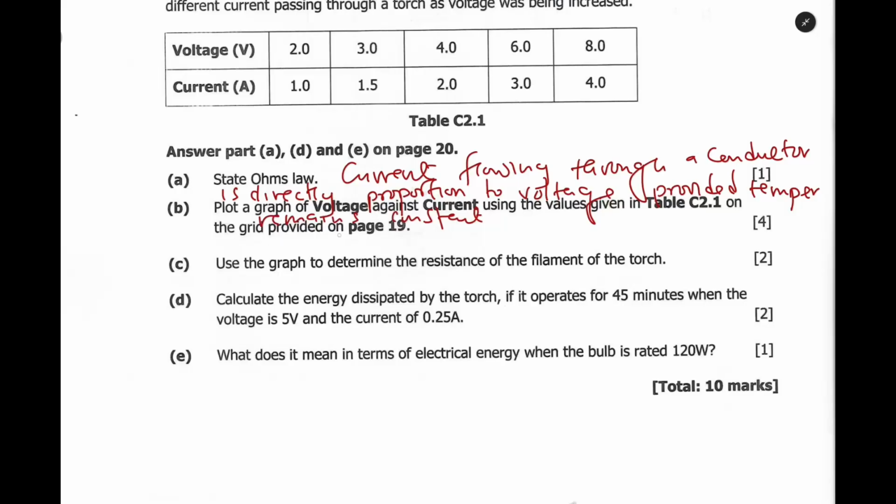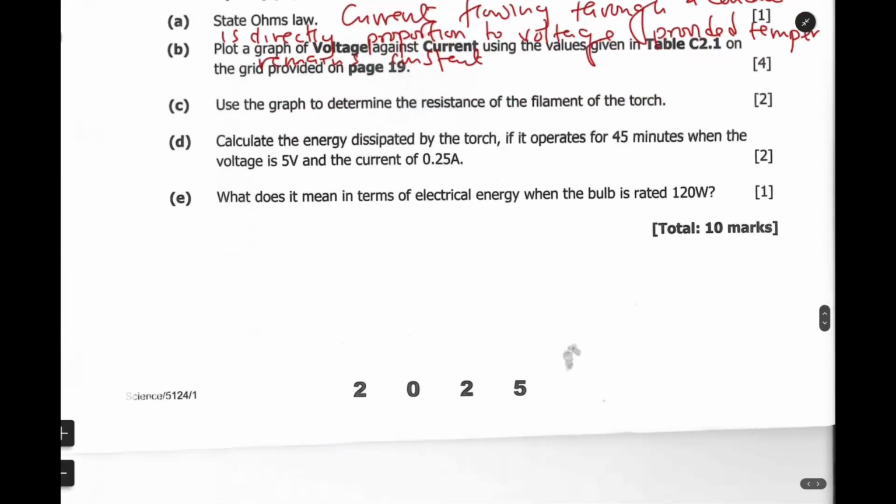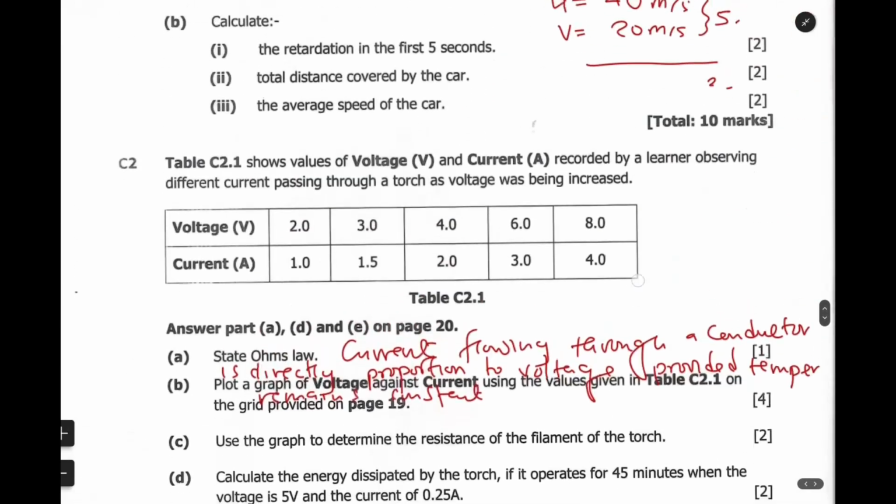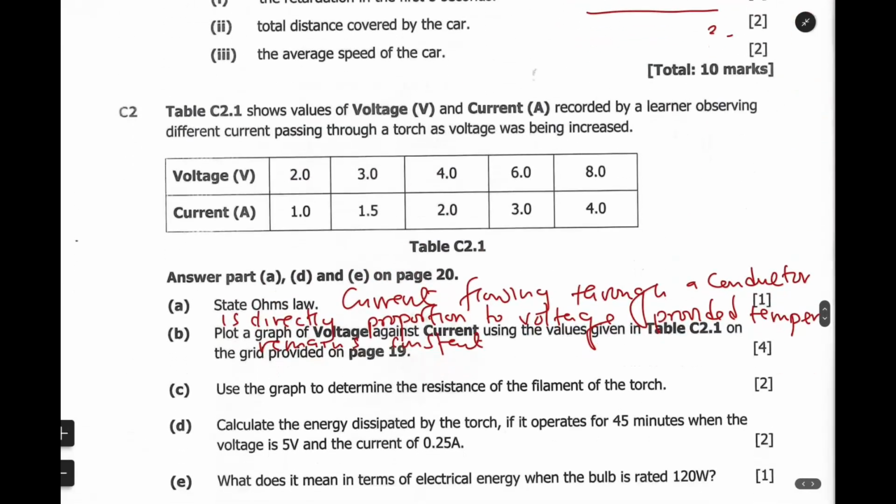Right, then they're saying plot a graph of voltage against current using the values given in table C2.1 on the grid provided on page 19. So we are going to go to page 19 and see. Now here, we are going to be coming back for the values. Look at this: 2, 3, 4, 6, 8, 1, 1.5, 2, 2, 3, 4.